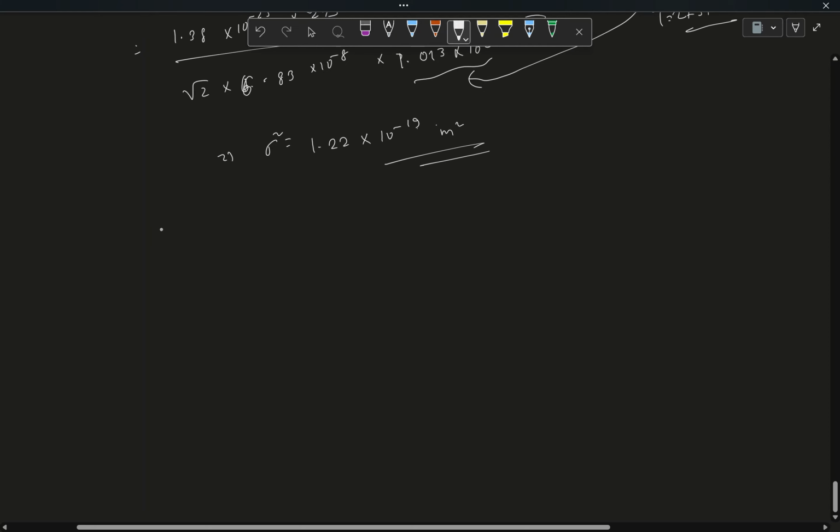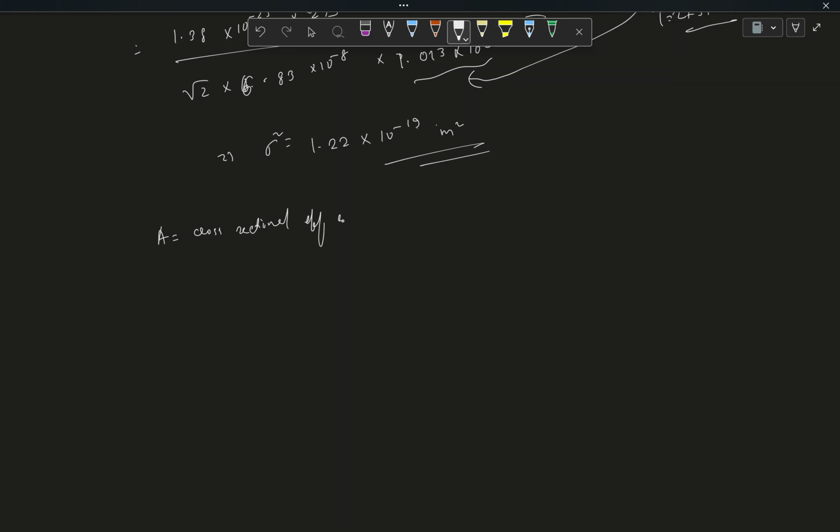So directly use the idea of cross-sectional area or effective area of cross-section. Pi sigma squared equals pi into 1.22 into 10 to the power of minus 19.